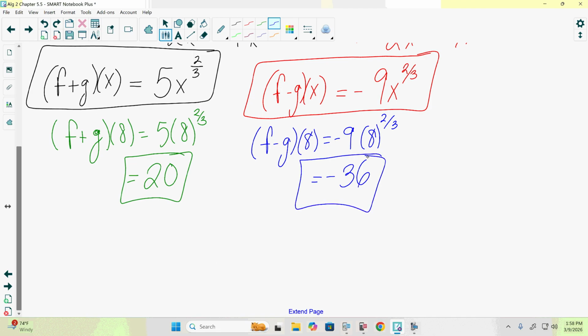So 5x to the 2/3, and when we evaluated, we got 20. For our difference, we have negative 9x to the 2/3, and when we evaluated it, we got negative 36. Questions on this here?